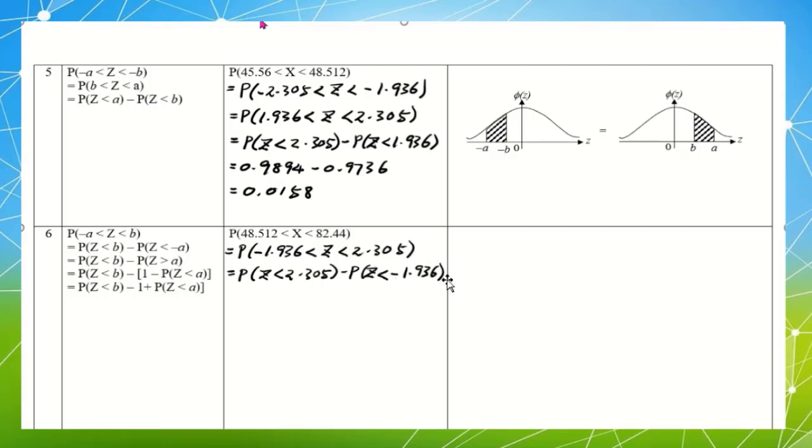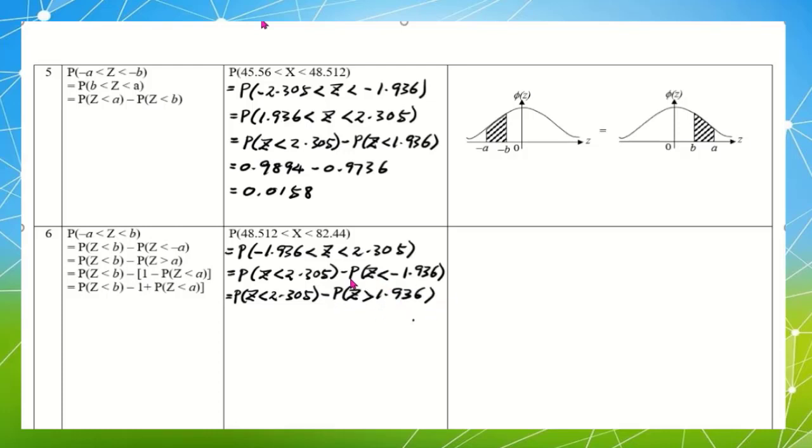So we need to change the negative into positive by using the method that we have learned before. After changing, I get z less than 2.305 remain the same, then minus the probability z greater than 1.936. Now I've changed the negative value into positive value 1.936.